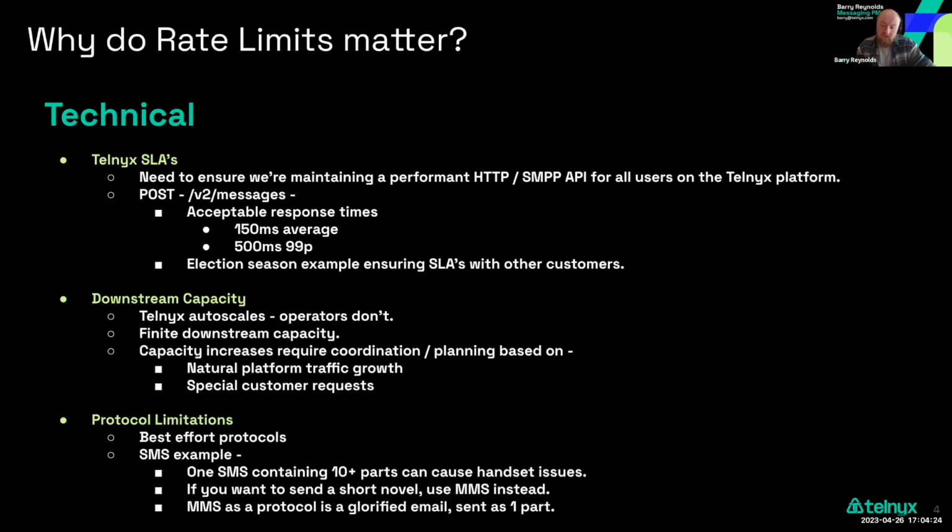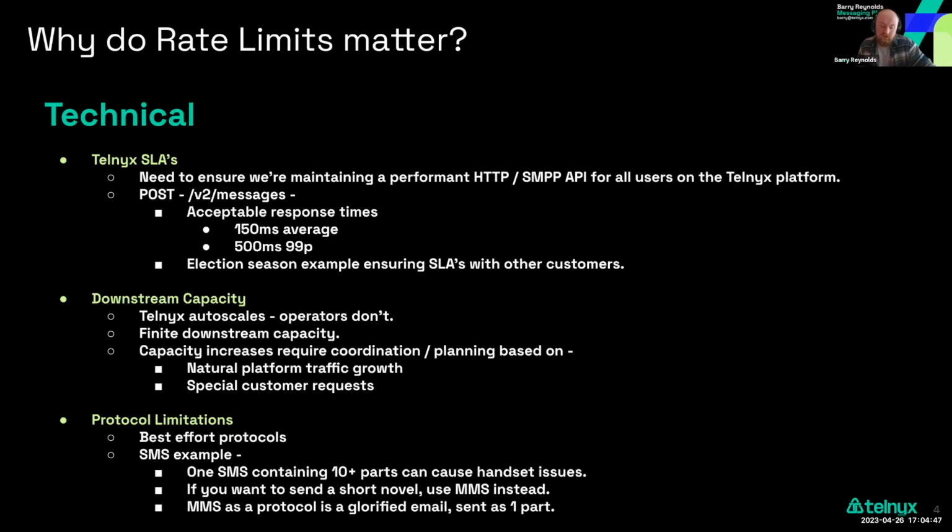So it's imperative that we're coordinating and planning capacity increases ahead of time with our partners based on factors such as natural traffic growth overall, or special customer requests with traffic that may be onboarding that requires significantly higher limits.